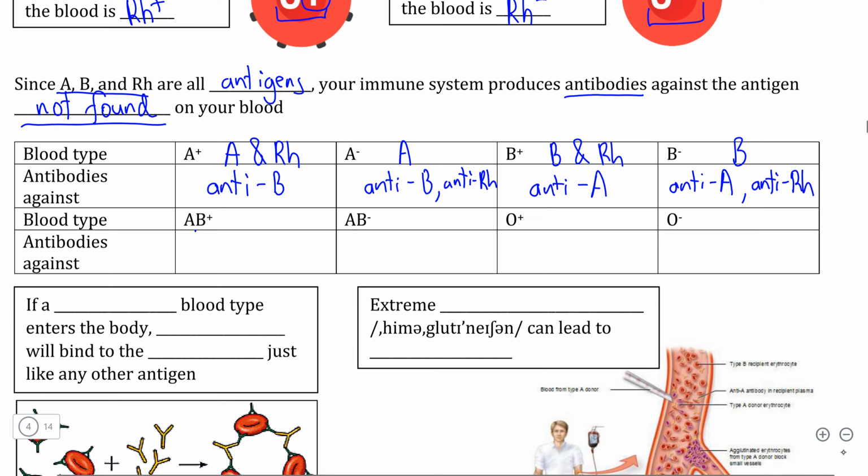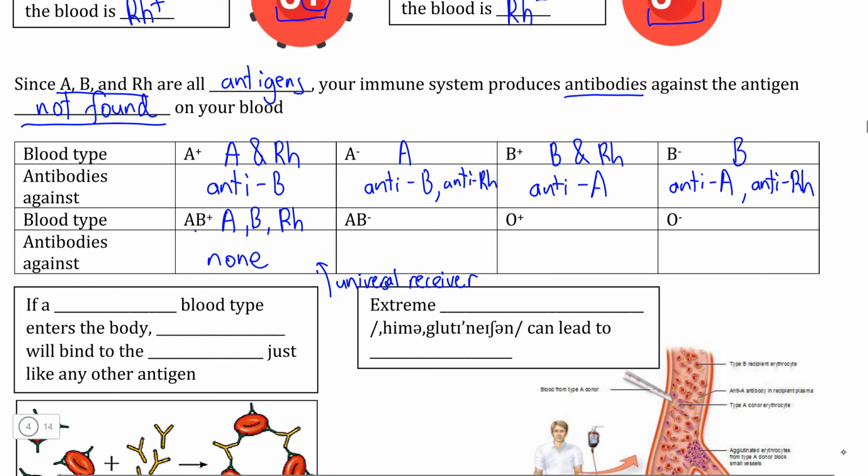So because AB positive blood has A, B, and Rh antigens found on the surface of their red blood cells, that is all three of the distinct antigens that can be targeted by antibodies, and so people with AB positive blood do not produce antibodies that attack any of these, because that would involve destroying their own blood, which is why people with AB positive blood are recognized as what we call the universal receivers, meaning that people with any other blood type can give to a person who is AB positive.